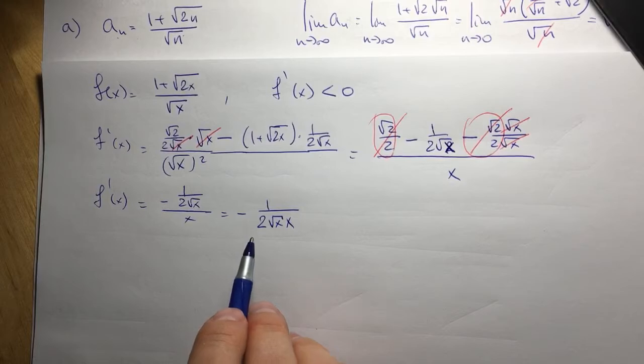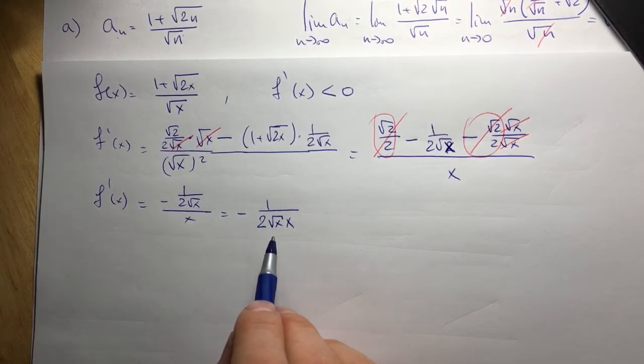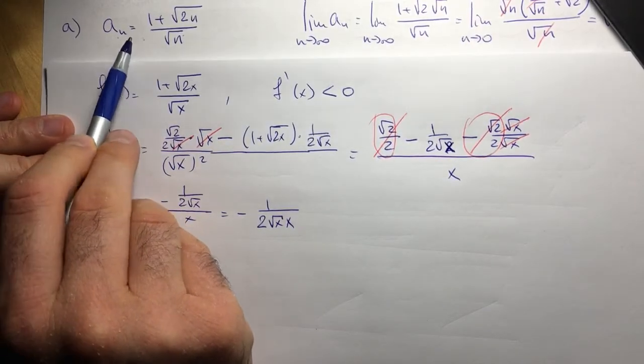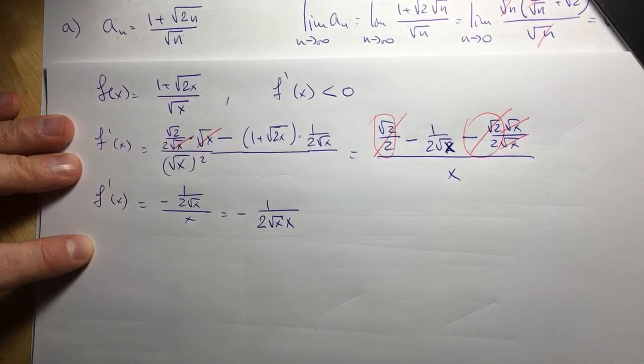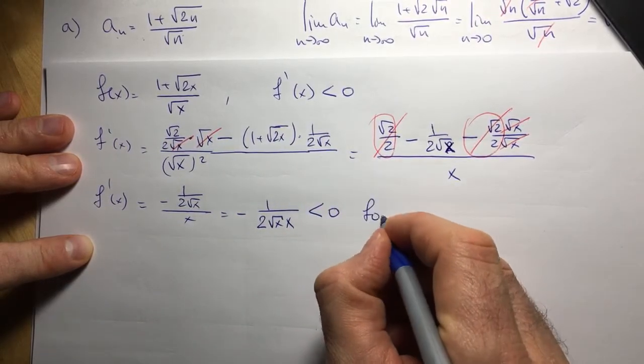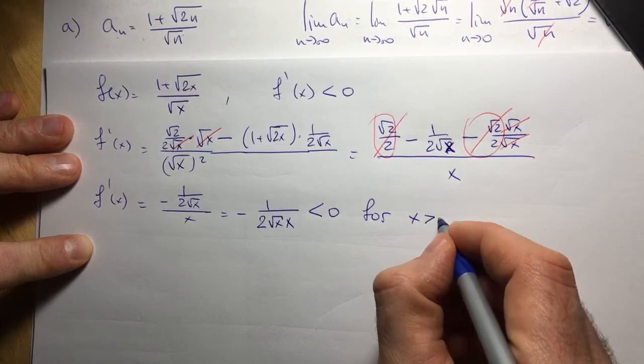And I want to know how this function behaves for positive x's. Why? Because ultimately I'm trying to figure out how this sequence behaves, and the sequence is evaluated at positive integers, right? So this is clearly less than 0 for positive values.